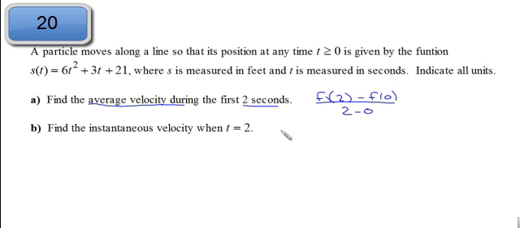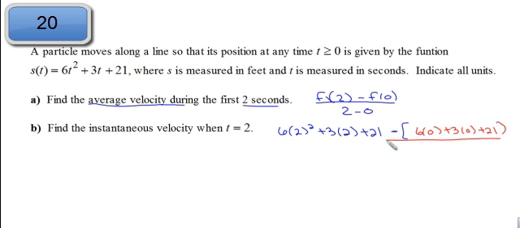So we're going to have 6 times 2 squared plus 3 times 2 plus 21 minus 6 times 0 plus 3 times 0 plus 21, all over 2. And that should get you 15 feet per second.